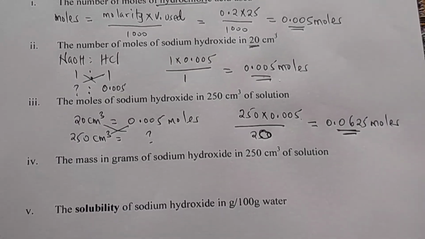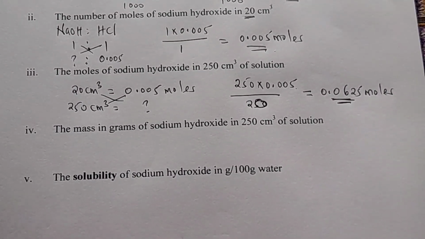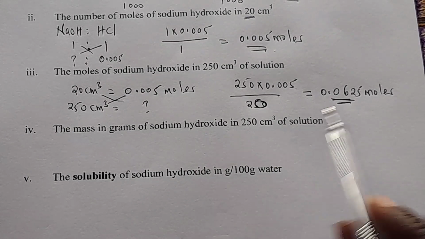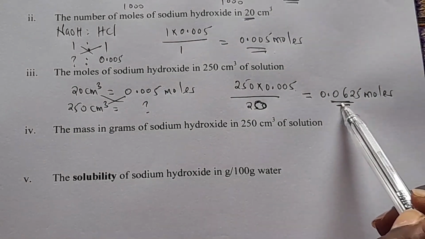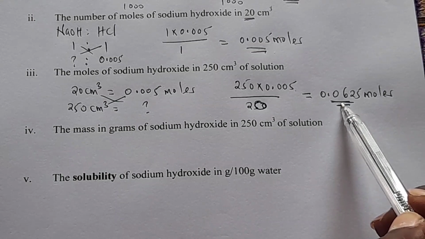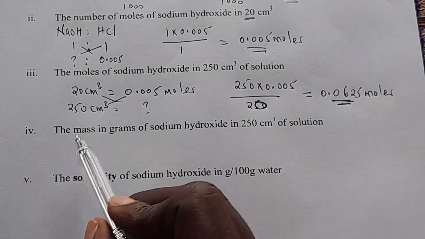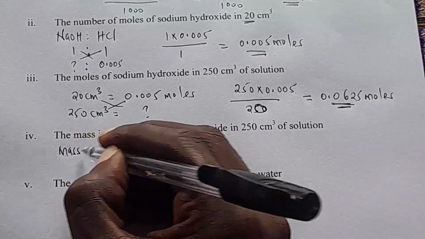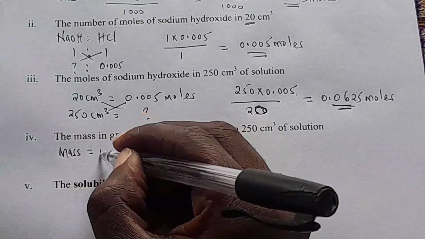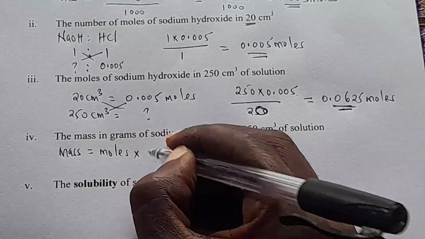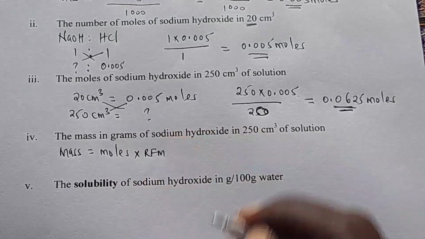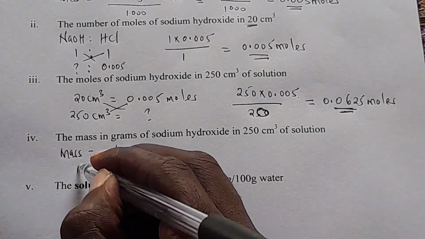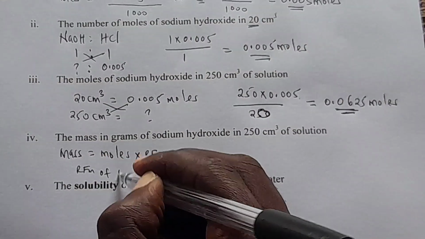Next, we are told to find the mass in grams of sodium hydroxide in 250 centimeter cube of solution. Remember, we have gotten the number of moles of sodium hydroxide in 250 centimeter cube of solution. If we are told mass, what is the formula for calculating mass? Mass can be gotten by number of moles multiplied by the RFM, that means the relative formula mass. What is the RFM of sodium hydroxide?